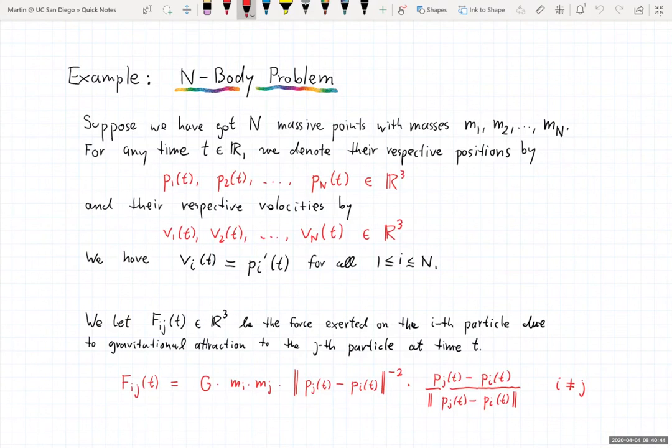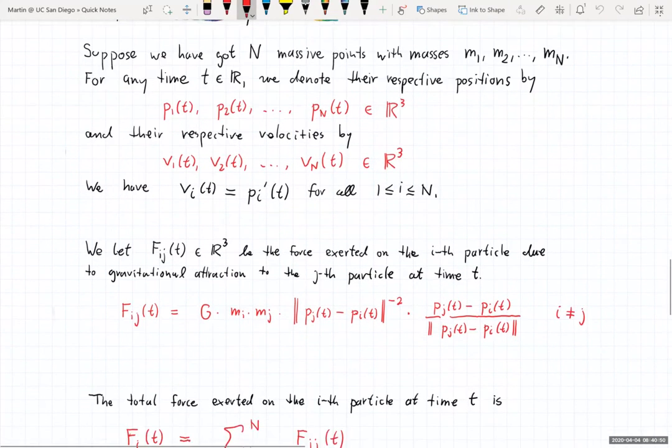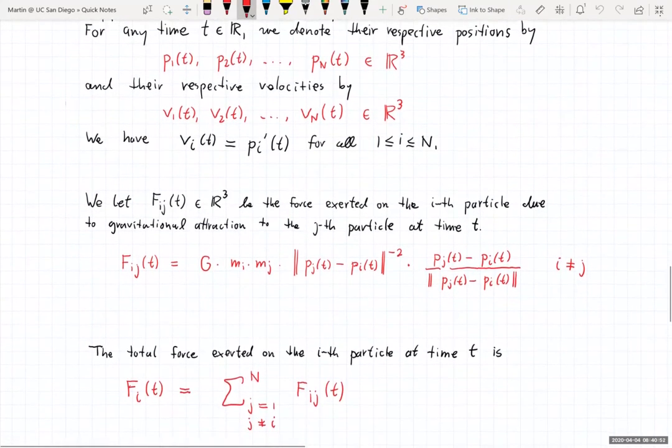Namely, it's just the sum of all the force vectors. So formally, the total force exerted on the ith particle at any time t is Fi of t, that's the notation that we choose, and Fi of t is the sum of all the Fij, where j is different from i and between 1 and n.